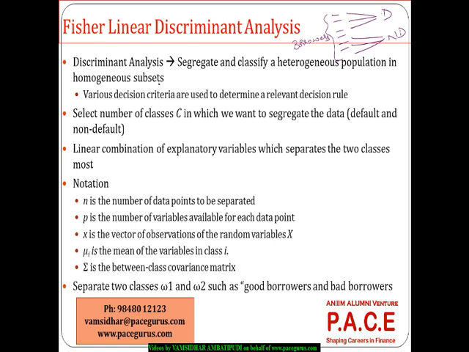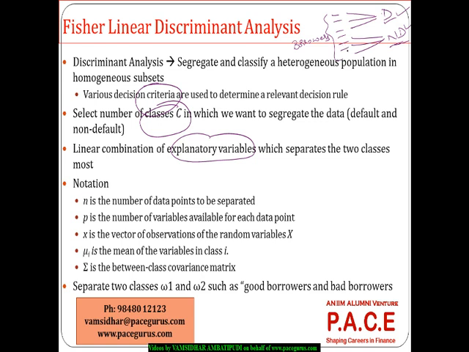So I am giving a decision criteria and coming out with a relevant decision rule based on which I am identifying the number of classes. See here I have identified, let's say, two classes, default versus no default. I am doing the segregation of the data, right? And with this as the target, I am coming out with a linear combination of explanatory variables.